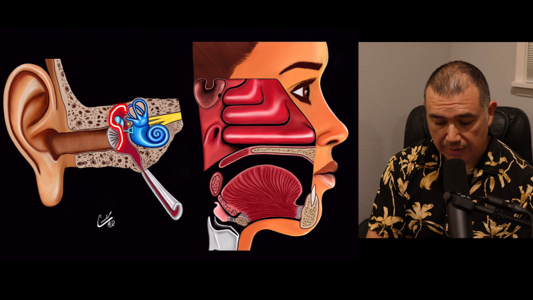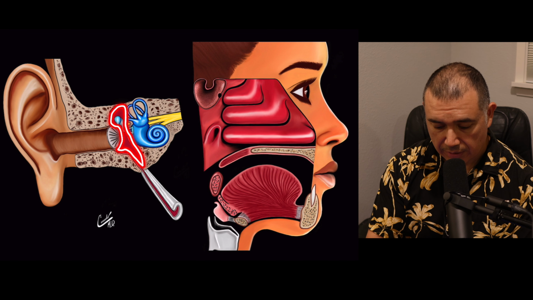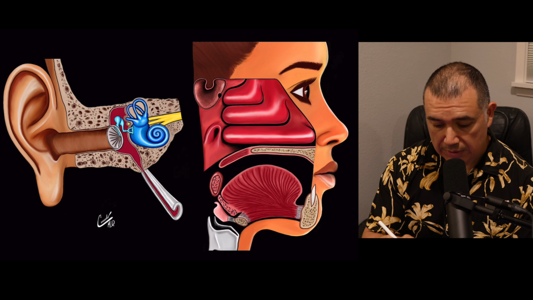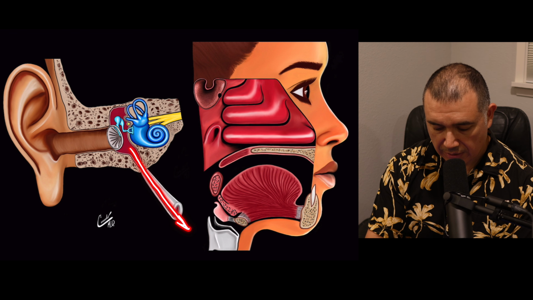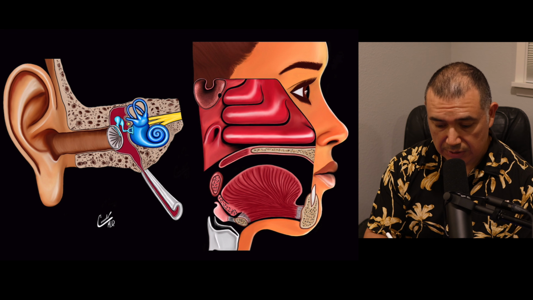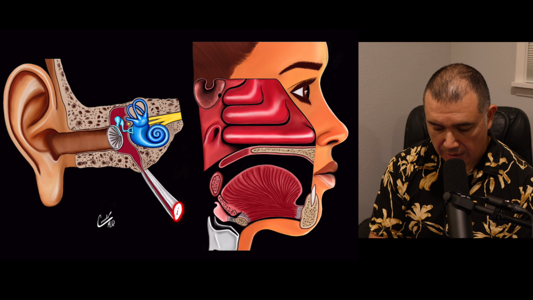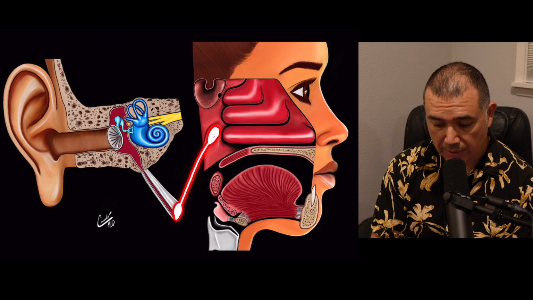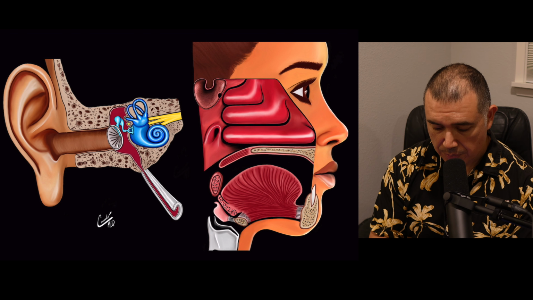This space in here is called the middle ear. And below that, you have what's known as the eustachian tube. What's interesting is that the ventilation for the ear comes through that tube. And if you notice here, this opening is the same as that opening in the back of the nose.